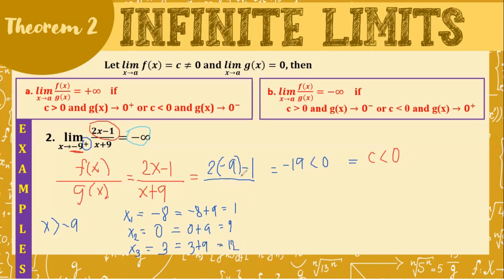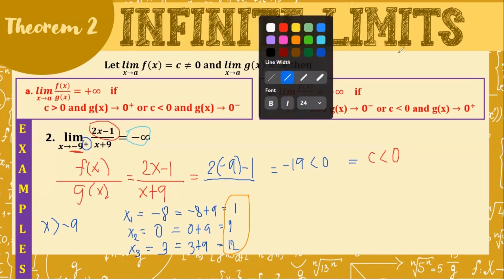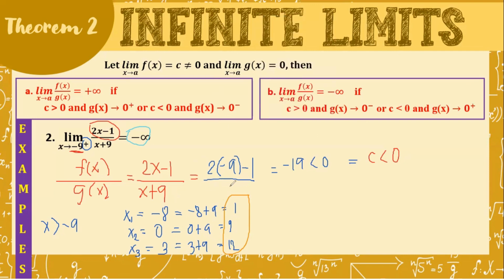As you can notice, they are all positive. So, since they are all positive, the result of our g of x is to the right, because the values of x plus 9, or the g of x, are all positive.